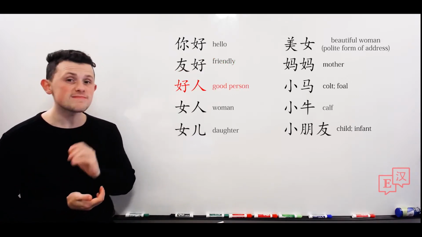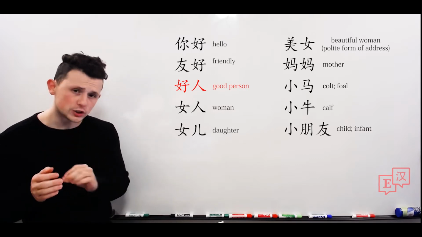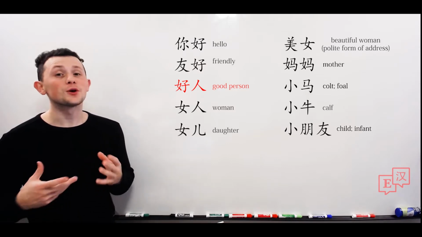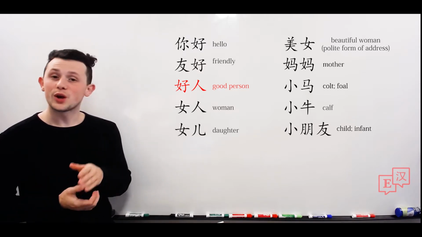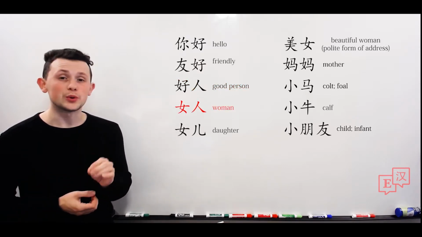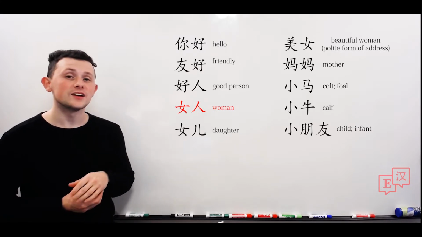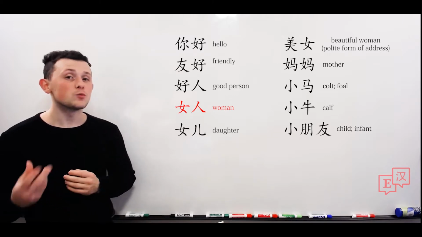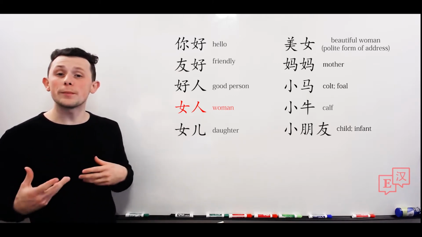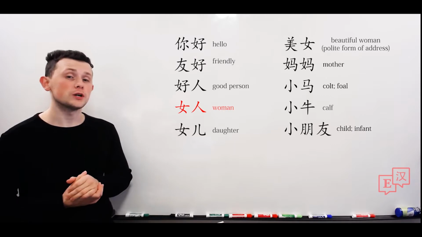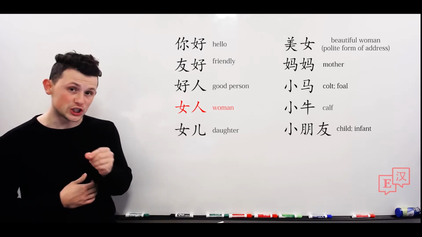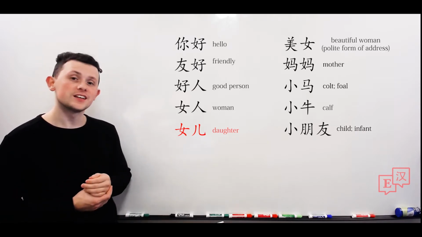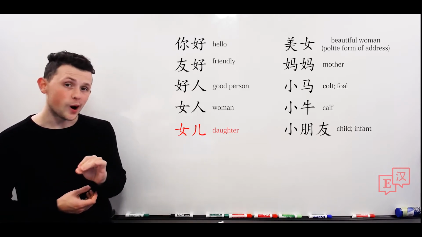好人，好人. Good person. Very simply, good person. 女人，女人. A woman person is how we say a woman or a female individual. 女人，女儿，女儿.